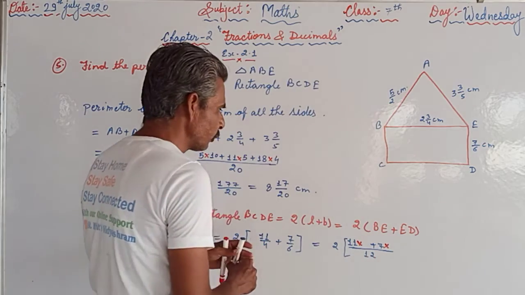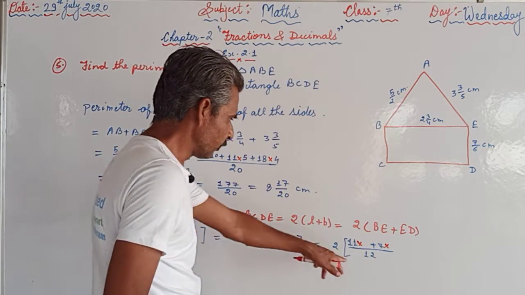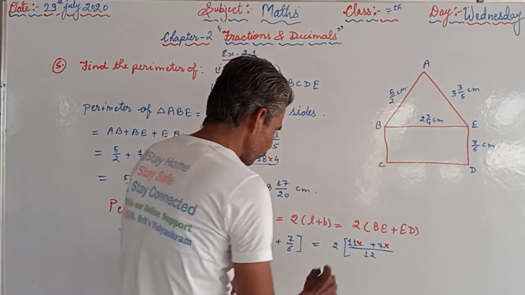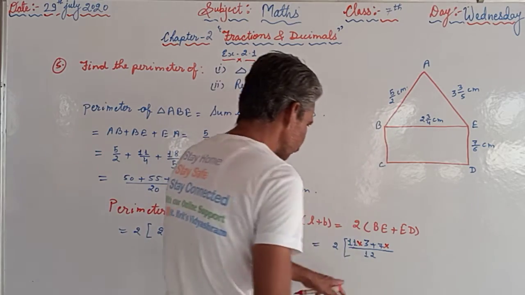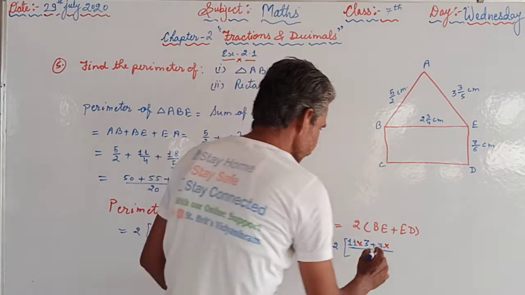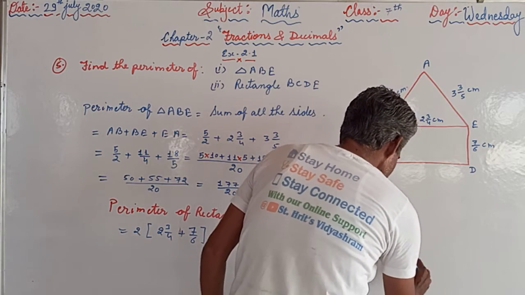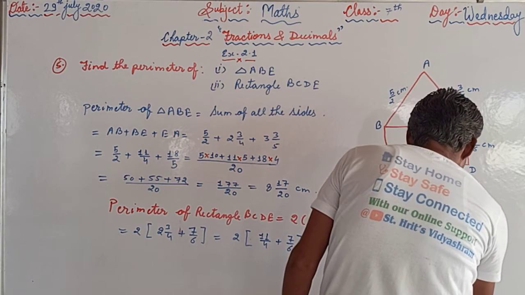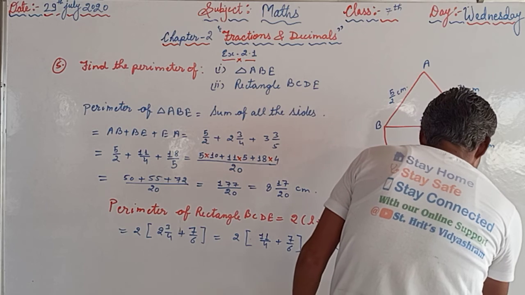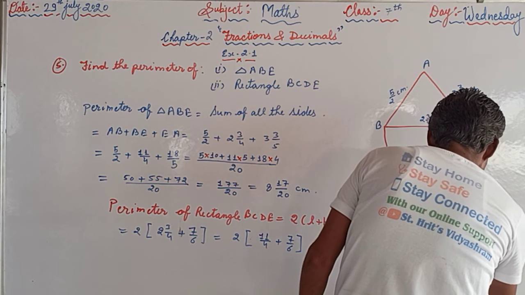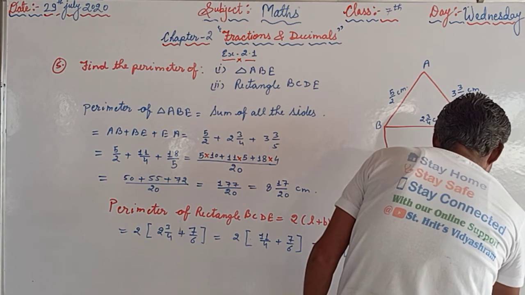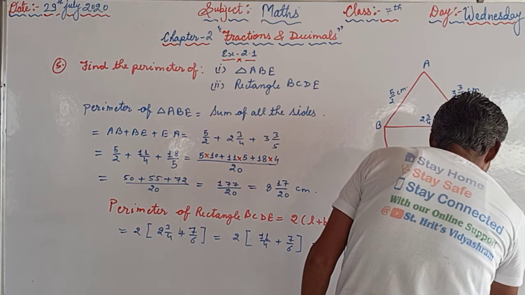By which number do we have to multiply? We divide 12 by 4, we get 3, and we divide 12 by 6, we get 2. Now we will multiply. 11 times 3 is 33, plus 7 times 2 is 14, upon 12.